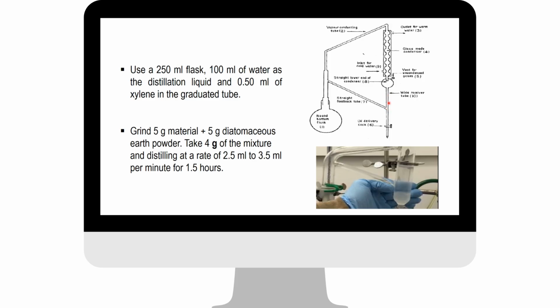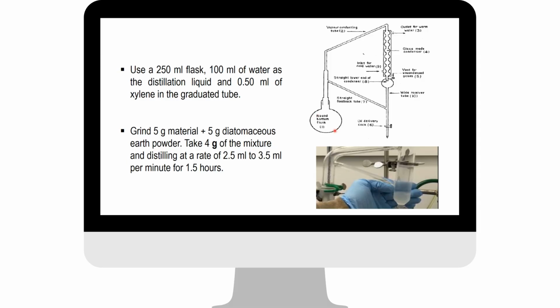Here the liquid will be separated into two different liquid phases: one is the oily phase and the second is the aqueous phase. Here we can collect the oil, and this is the vent where the uncondensed gases pass out. The condenser has a cool water inlet from this side and a hot water outlet from this side, right? Now we will see the process.